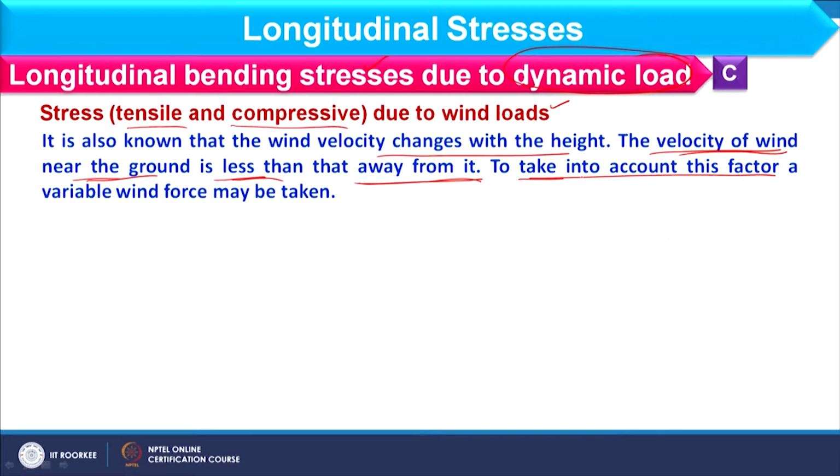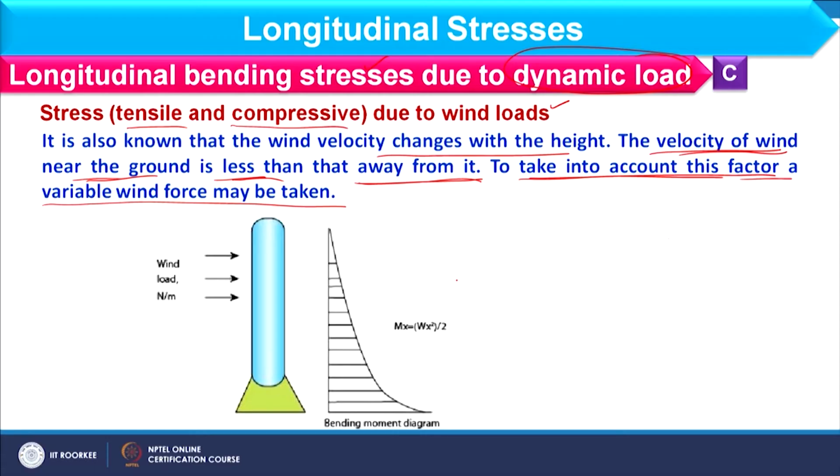To take into account this factor, a variable wind force may be taken. So, we can understand that at the bottom the wind effect will be less, however, at the top it will be maximum. So, along the length it is changing. We should consider that factor while designing the tall vessel also. So, how do we consider that?